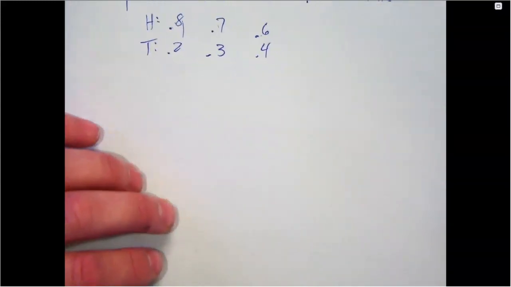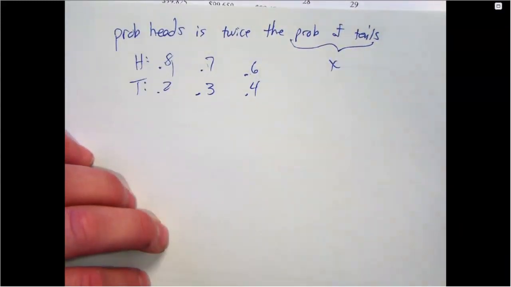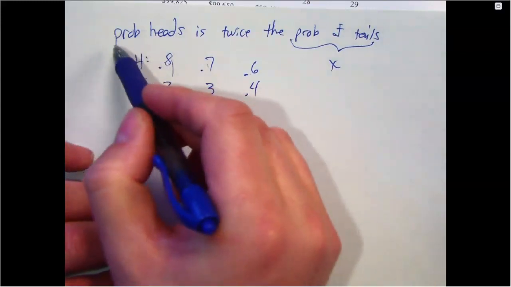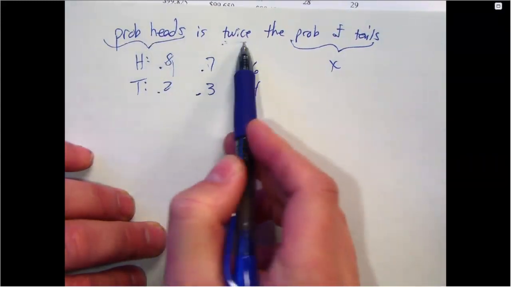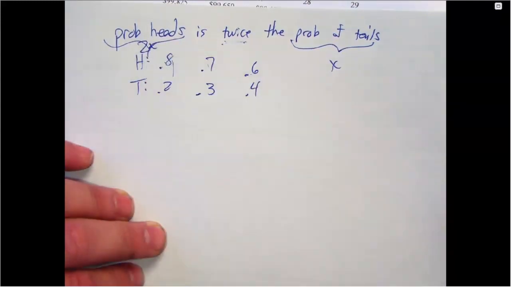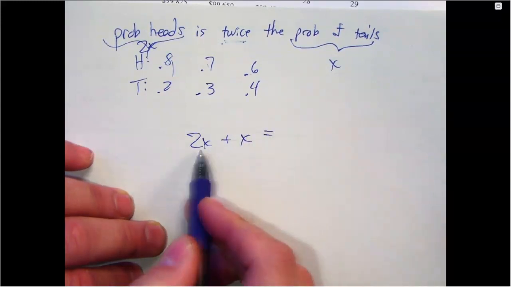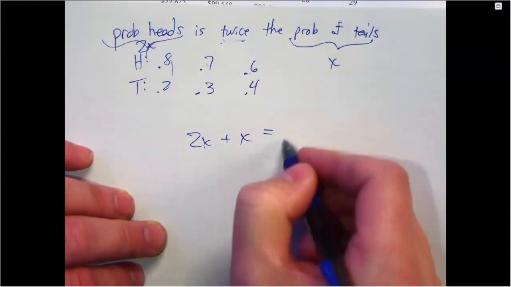But let me show you the algebra way to do it. Let's say I called the probability of tails x. Well, then what's the probability of heads? Since it's double the probability of tails, it's going to be 2x. And I know that if I add up the probability of heads plus the probability of tails, I have to get 1.